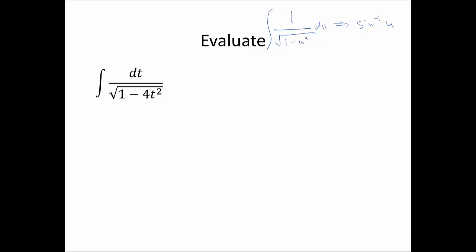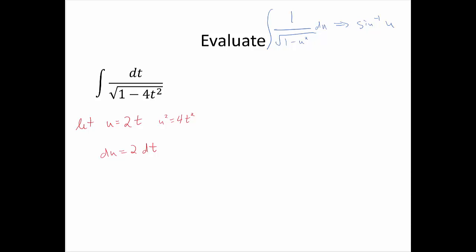And so it looks like I should make the substitution. I need u squared to be 4t squared. I'm going to let u equal 2t. Because if I let u equal 2t, then u squared is 4t squared, isn't it? And if u is 2t, then du is 2 dt.